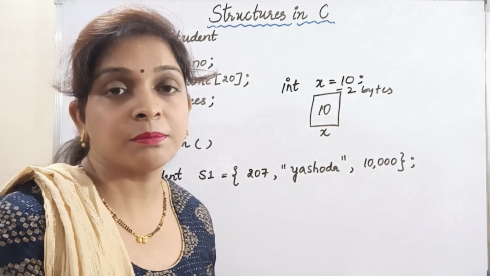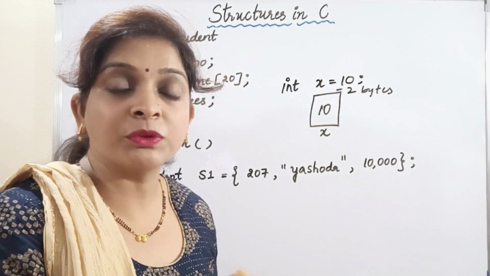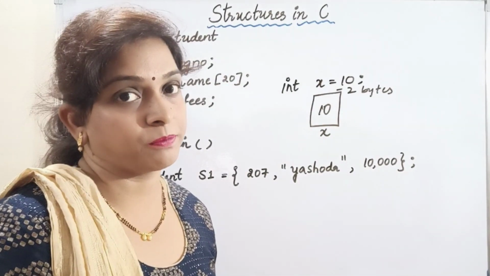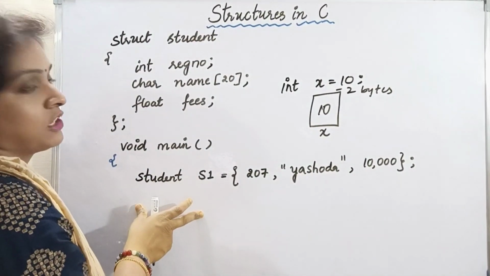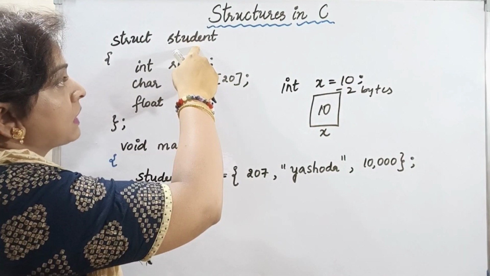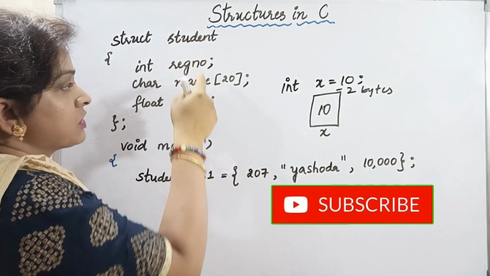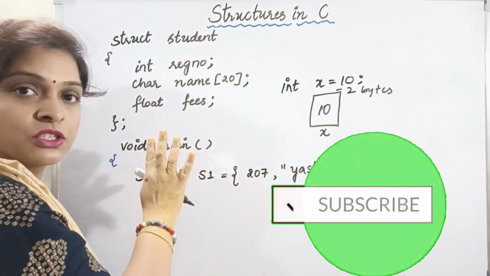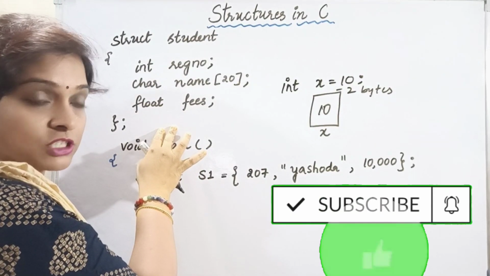A structure variable is a variable that is created with the help of a user defined data type. So the new data type that I have created, a small example I have written here. The structure is student with the members register number, name and fees. This is only the definition. Memory allocation will not be done for this.